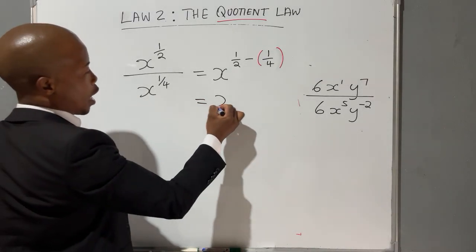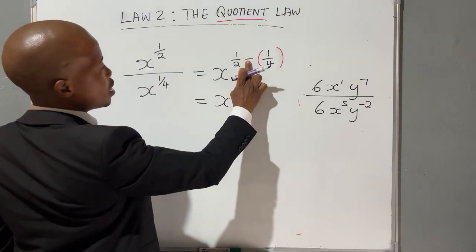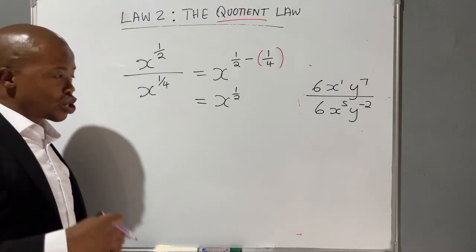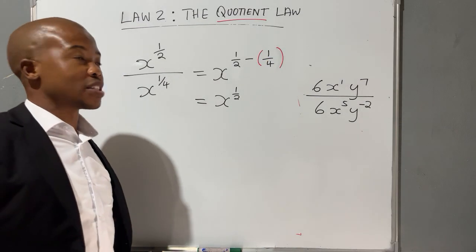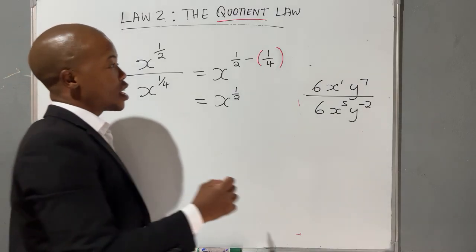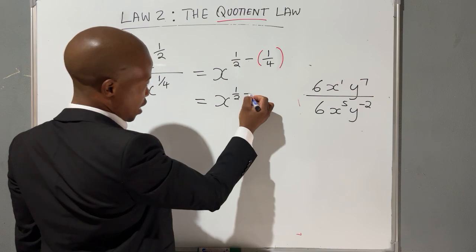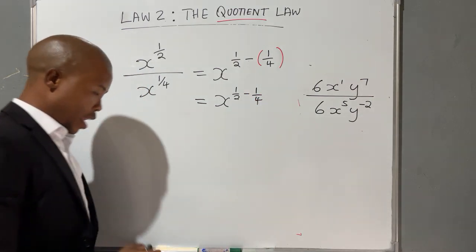And then you're going to say x to the 1 over 2 and then negative times this 1 over 4, because the sign is not written. When the sign is not written, it means its sign is what? It's positive, right? So in other words, negative times positive is going to give us negative, yes? And then 1 over 4.